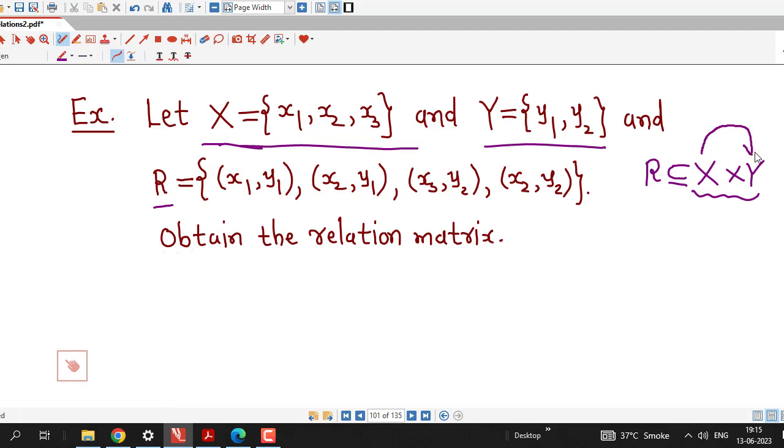Here the relation is from set X to set Y.